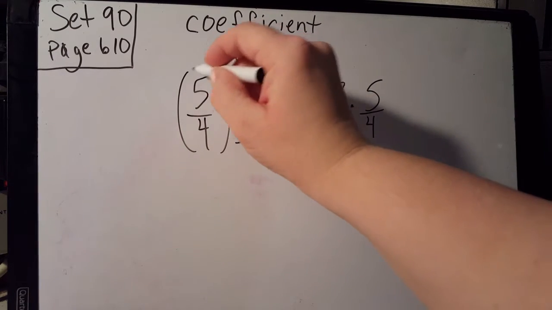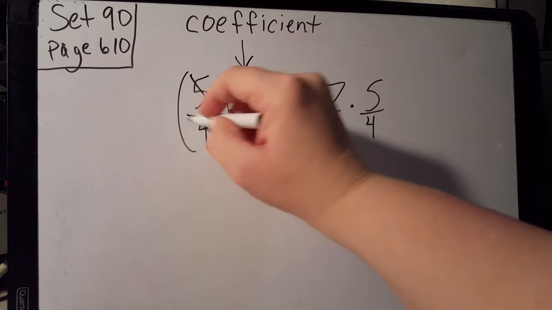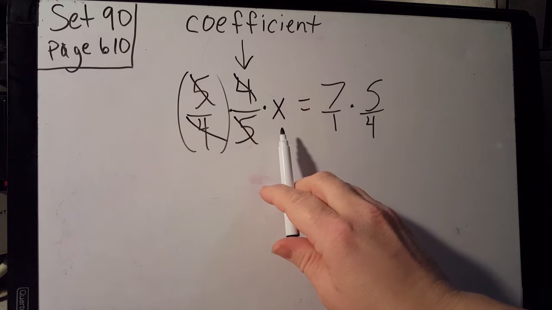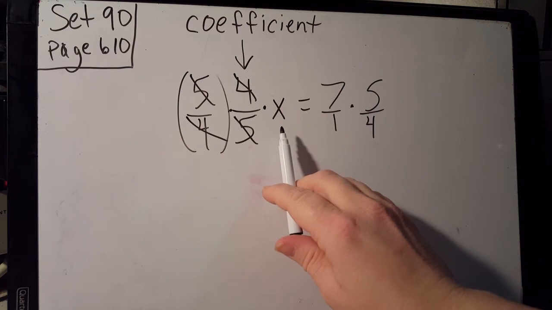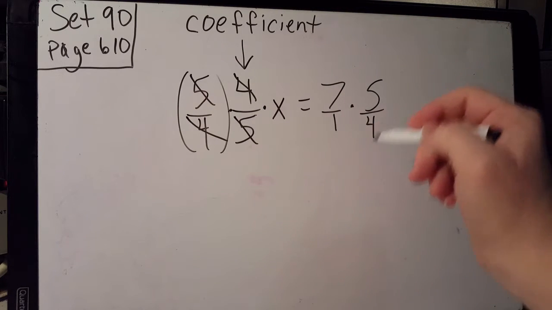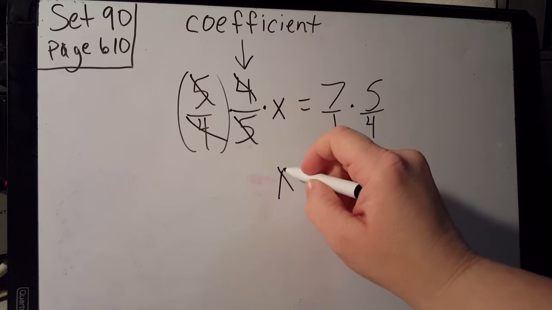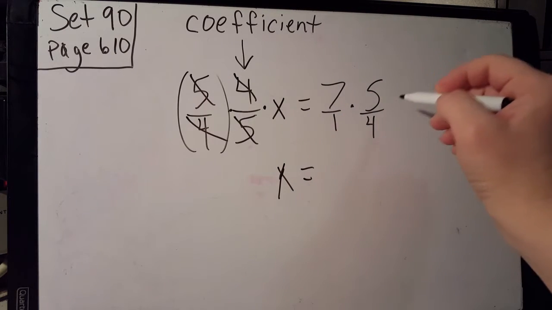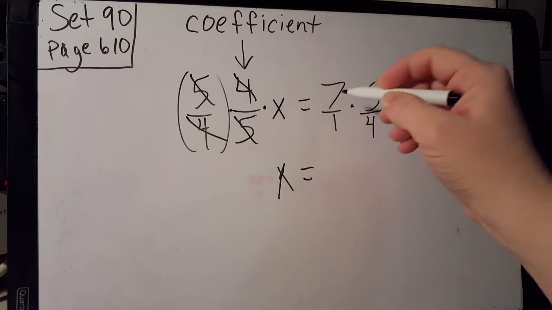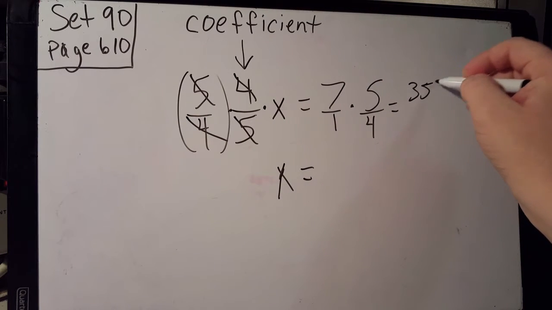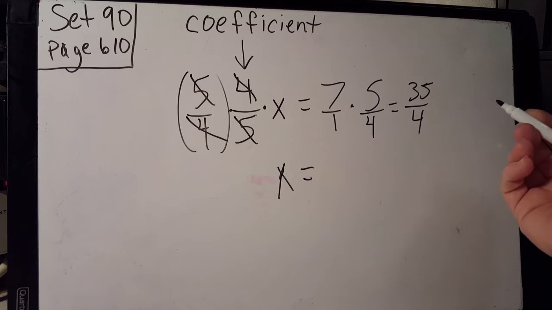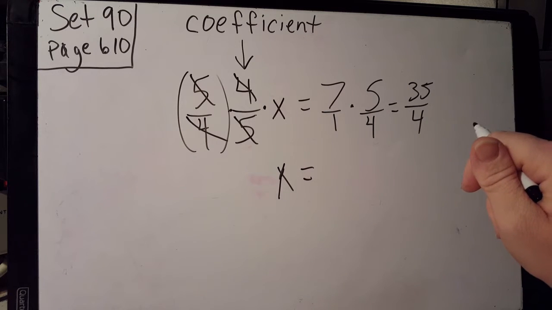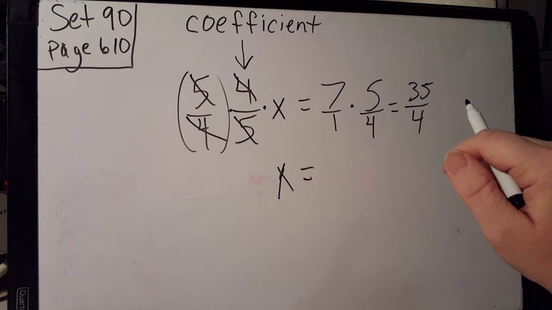Then on this side, the 5's cancel out, the 4's cancel out, and we're left with simply the unknown number, which is what we want, the unknown variable. And we work this out over here to figure out what x is going to be. So we just multiply this out. There's no canceling that can be done. 7 times 5 is 35. 1 times 4 is 4. And you can leave it like that, except we ought to change that to a mixed number.